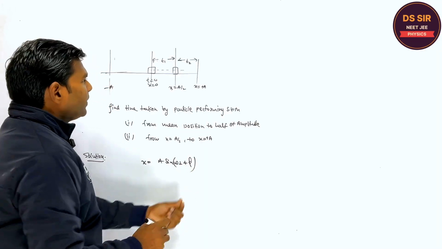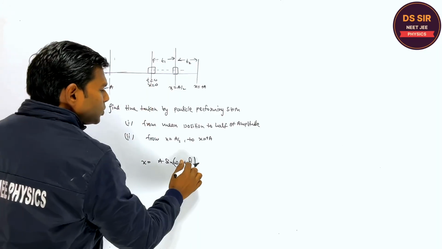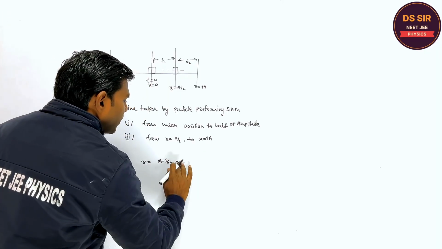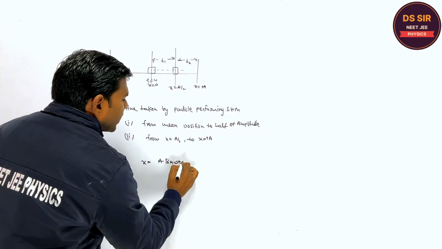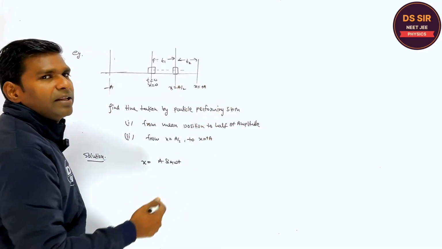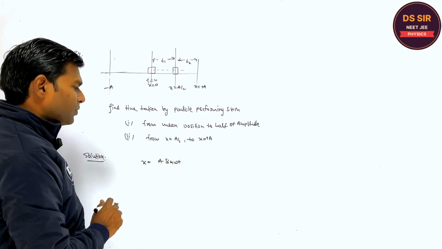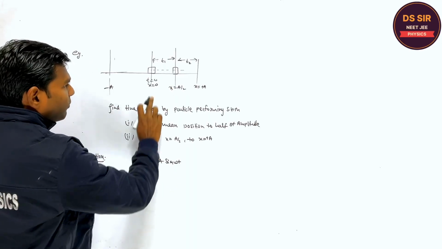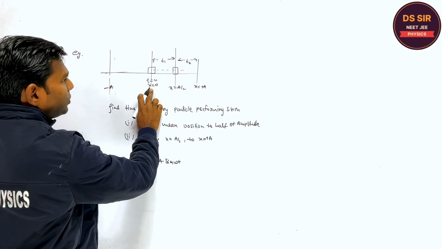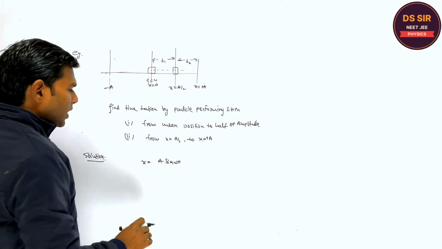Phi is the initial phase, and at t is equal to 0, when the particle starts from mean position, phi becomes 0. Therefore, I am writing it as sine omega t. We will discuss a few questions where phi is other than 0, but initially we are considering this basic example. So if the particle starts from mean position initially at t is equal to 0, the displacement is given by a sine omega t, all right?